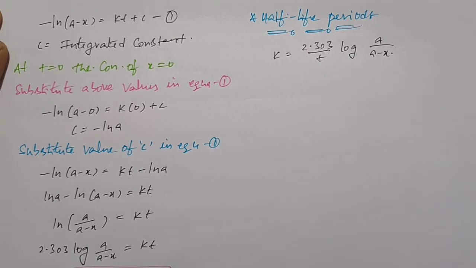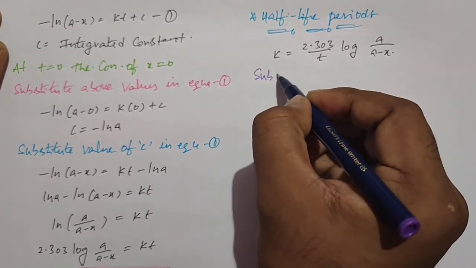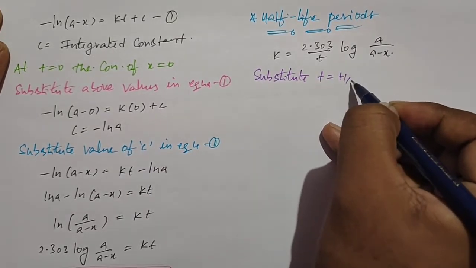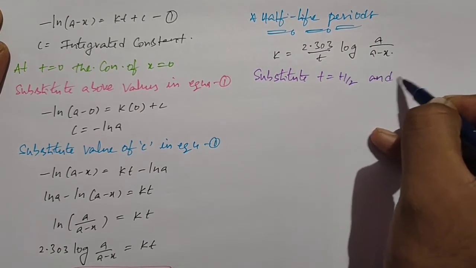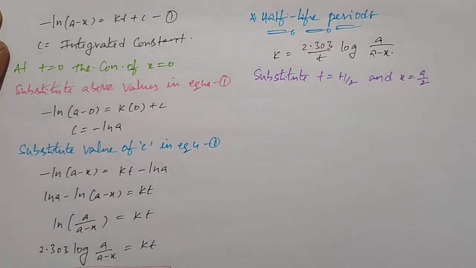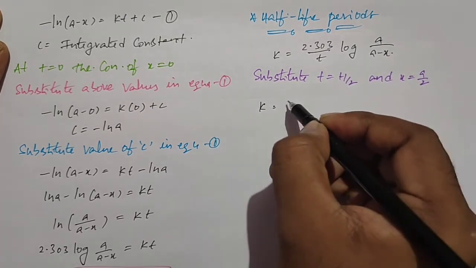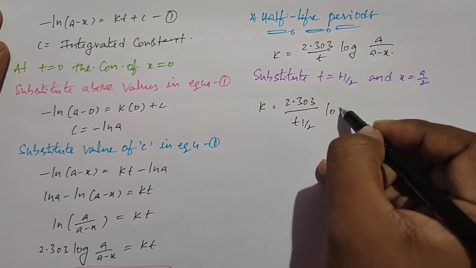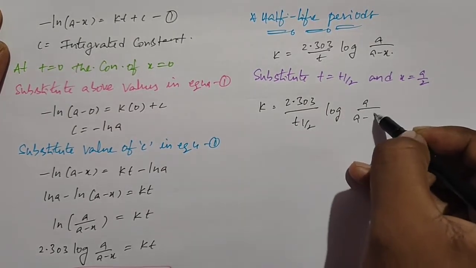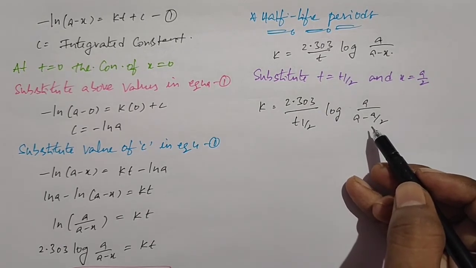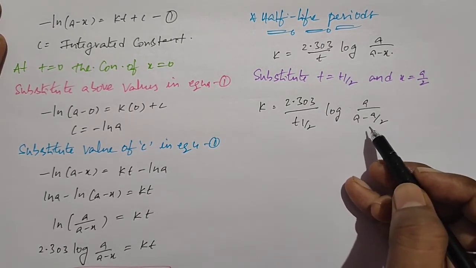So substitute t is equal to t half and x is equal to a by 2 in the above equation. Then we get k is equal to 2.303 by t half into log of a by a minus a by 2. So a minus a by 2 we get a by 2. If we take the reciprocal, then we get 2a by a.